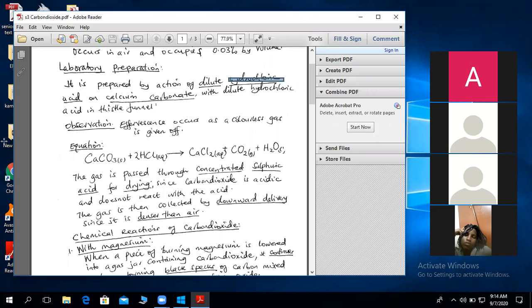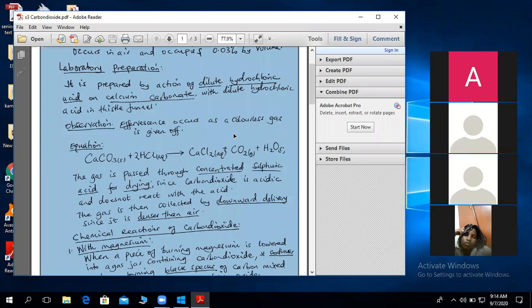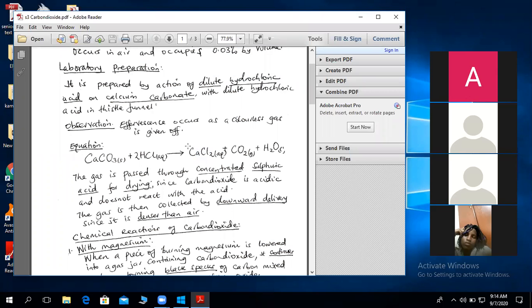The reason is very simple: when you use sulfuric acid, instead of forming calcium chloride, it will form calcium sulfate, and calcium sulfate is sparingly soluble in water, so it will form a coating on the surface of calcium carbonate, and the acid will no longer access the carbonate, so it will stop the reaction.